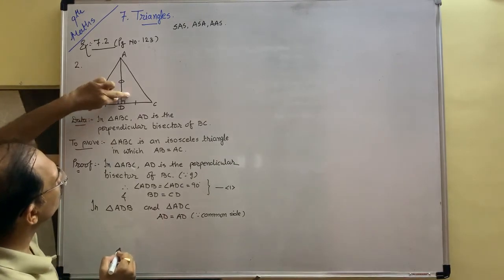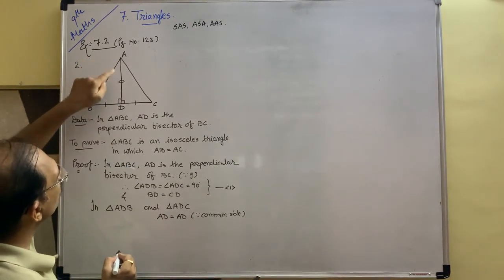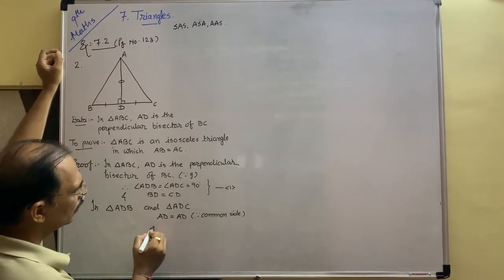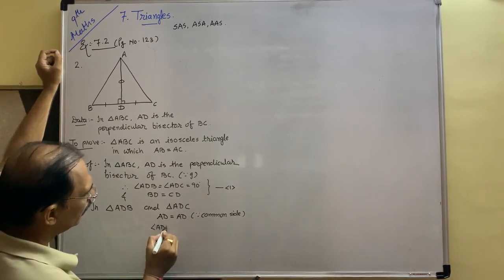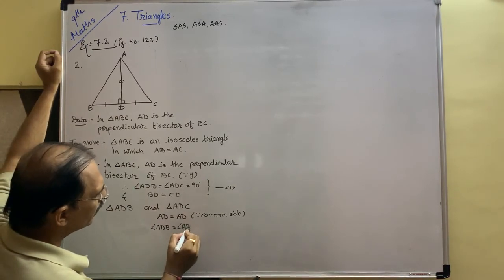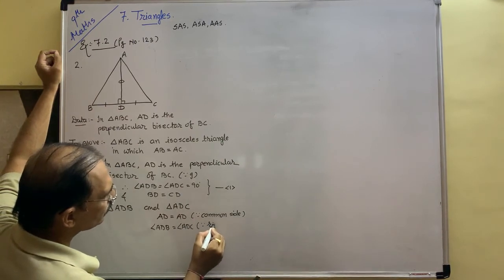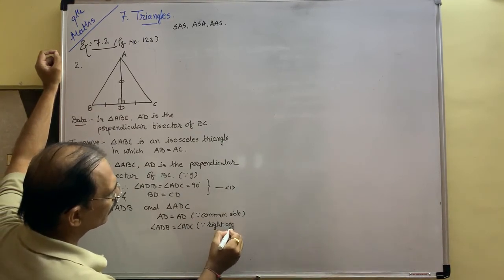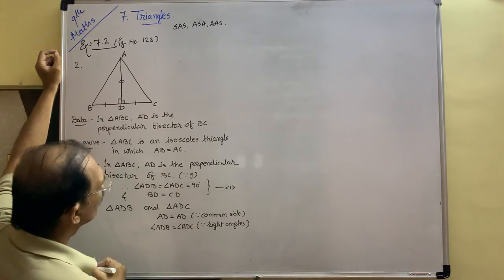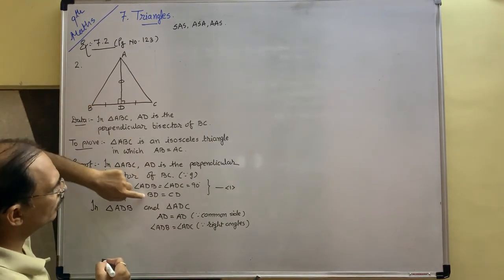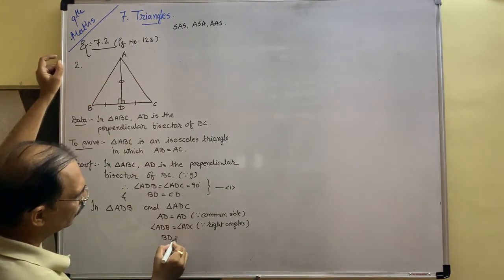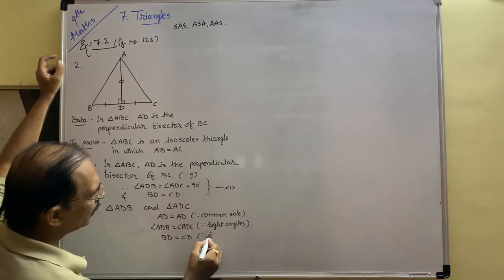This one is 90, this one is also 90. ADB equals ADC from result number 1, reason: right angles. And BD equals CD also, from 1.